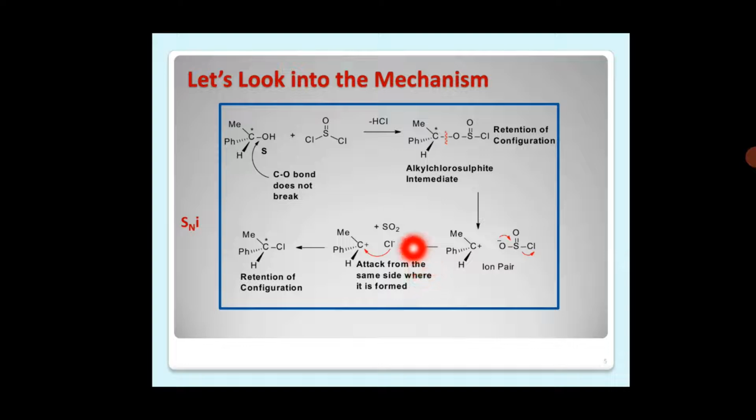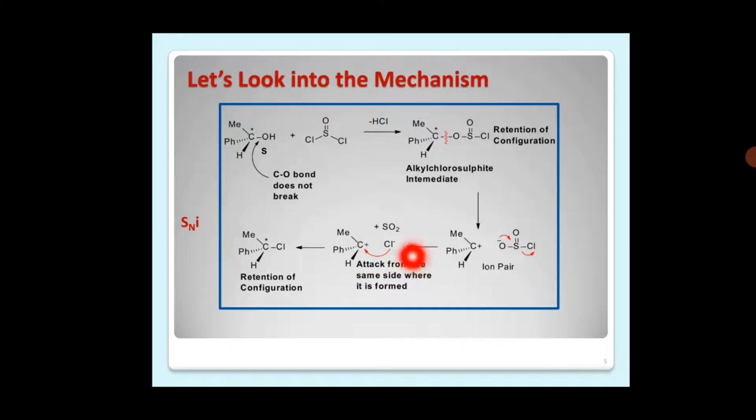It is preferable for the nucleophile to attack the carbocationic center from the side from where it is forming rather than from the back as in SN2 reaction.